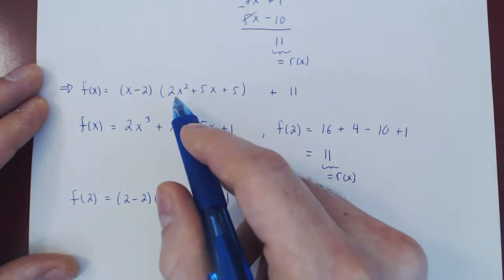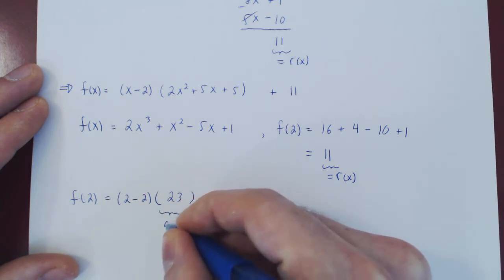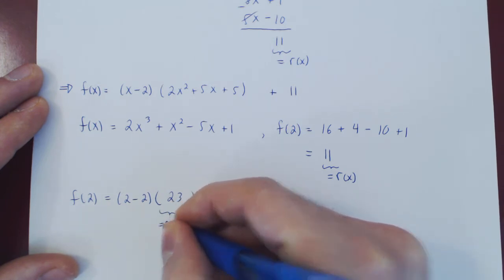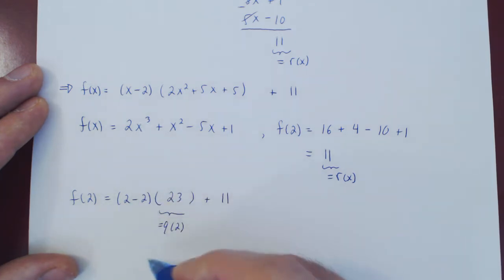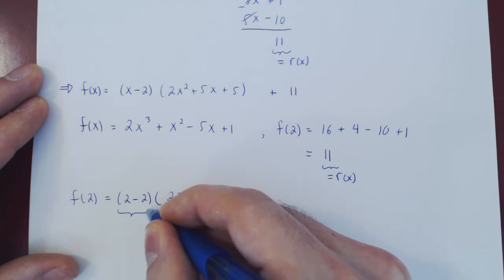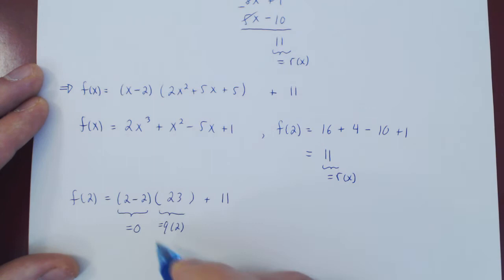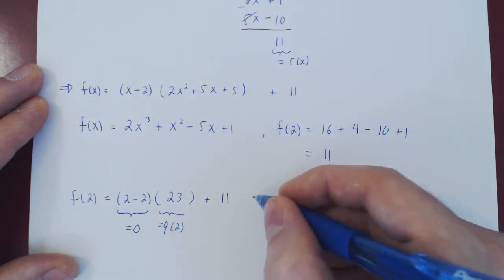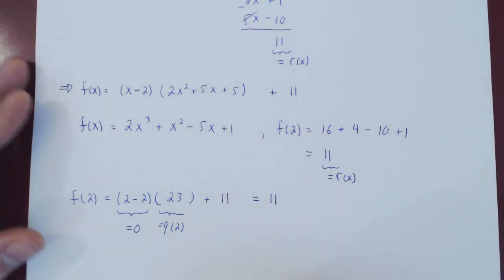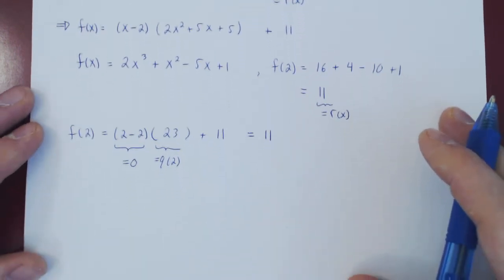But as you can see, the value of the quotient at 2, this is q of 2, is irrelevant. Because no matter what the quotient is equal to when x is 2, our divisor will be 2 minus 2, which is equal to 0. And so 0 times anything is 0, and we're left with the remainder. And this is the key observation that will lead us to a very simple proof of the factor theorem.